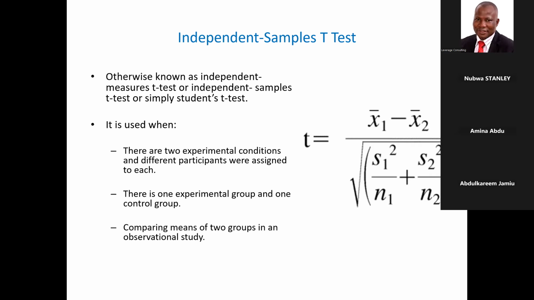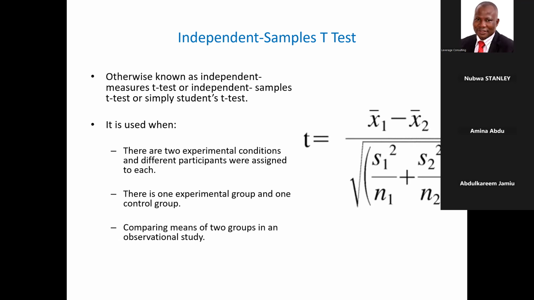The test doesn't know whether the data comes from an experimental design or a comparative study, because statistics does not know the study design. It's you that knows the study design. What statistics knows is: are they two groups? Are they independent groups or paired groups? Those are the different scenarios that can fit into it.